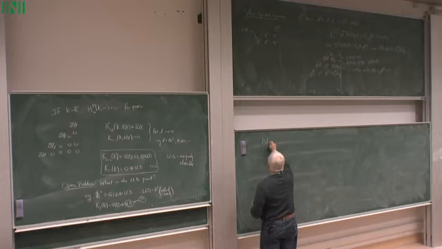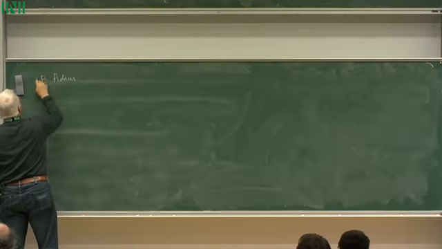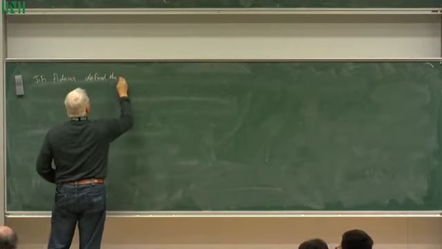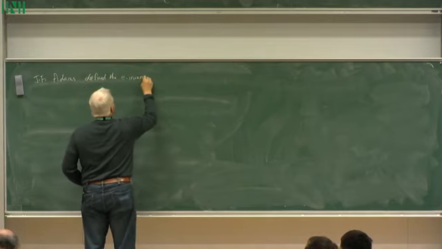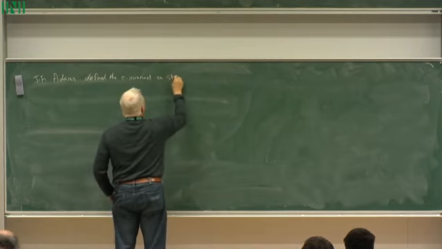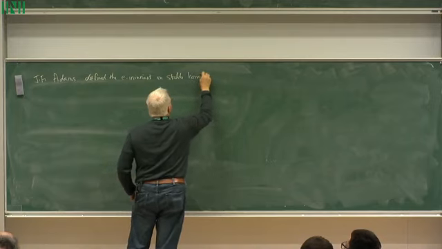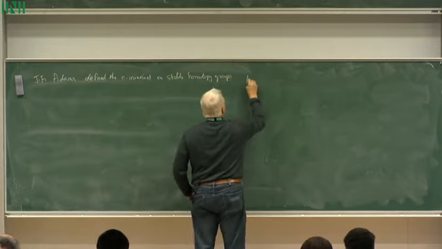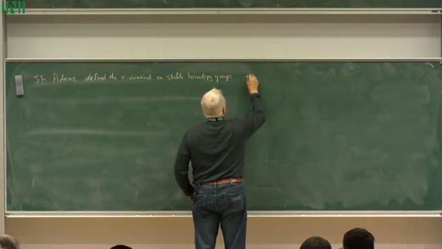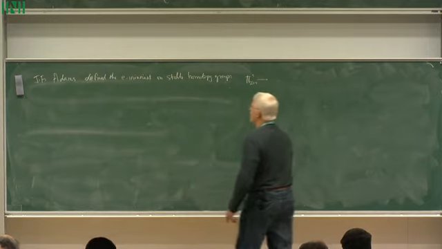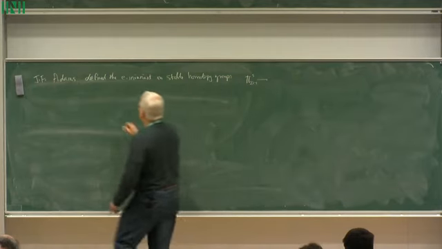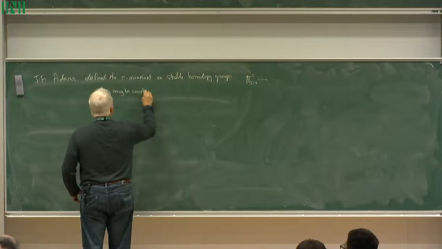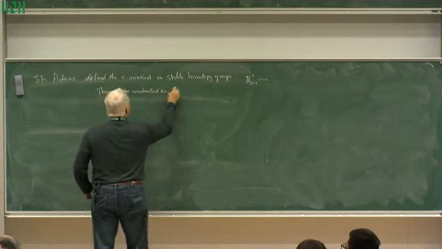So Adams, Frank Adams, defined the E invariant on stable homotopy groups to be, so take pi 2i minus 1 stable, and they may be constructed as follows.